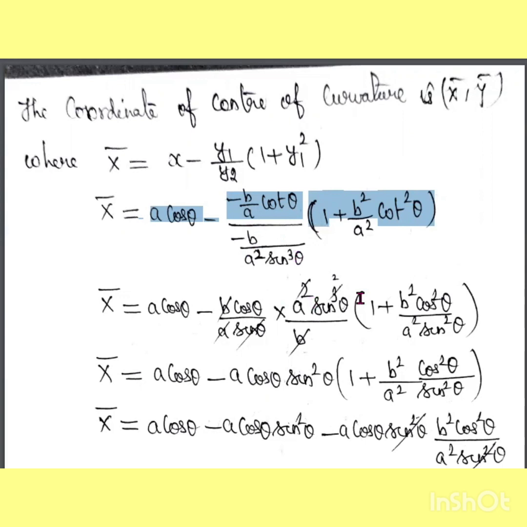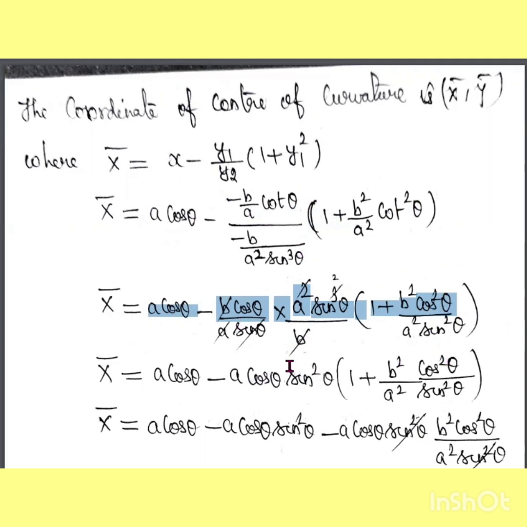Cot square theta can be written as cos square theta divided by sin square theta. So x bar is equal to a cos theta minus b cos theta divided by a sin theta, because minus b by a cot theta, and cot theta can be written as cos theta divided by sin theta, divided by minus b by a square sin cube theta, into 1 plus b square cos square theta divided by a square sin square theta.